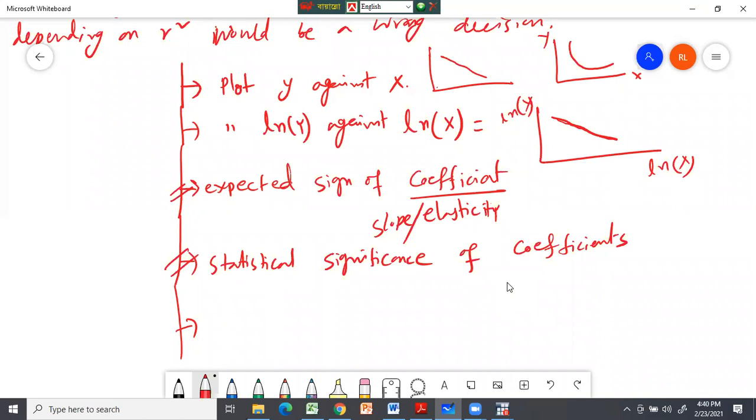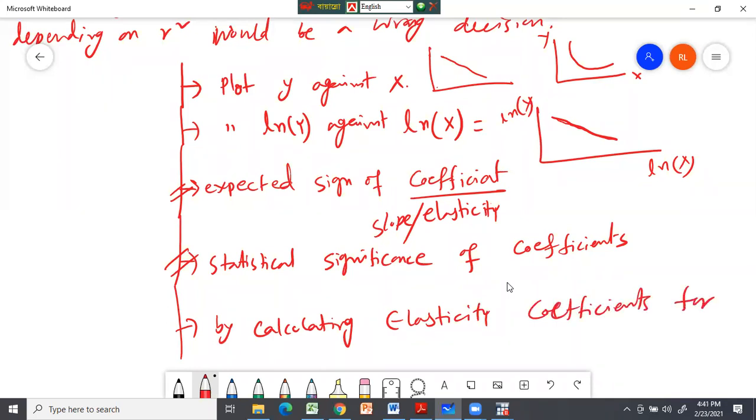The last one: if you are not making any decision depending on the statistical significance of the coefficients either, then how do you proceed? The last one is by calculating the elasticity coefficients for both models.